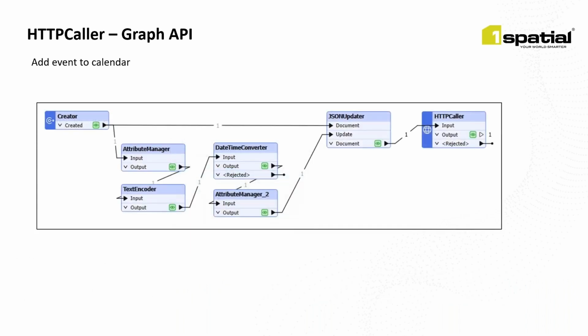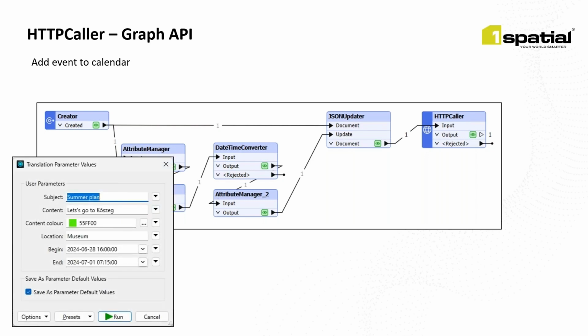I also put together a small workspace for demonstration. The aim of this workspace is to create an event in my calendar. The workspace has a small number of parameters, so basically what the event should contain.